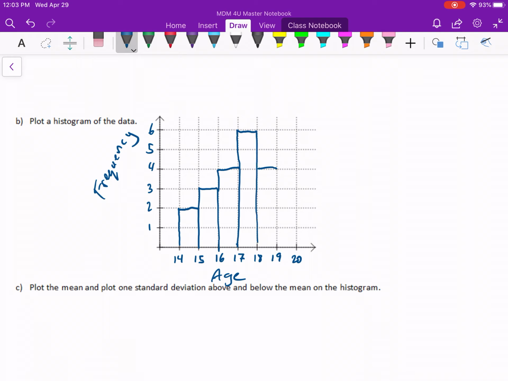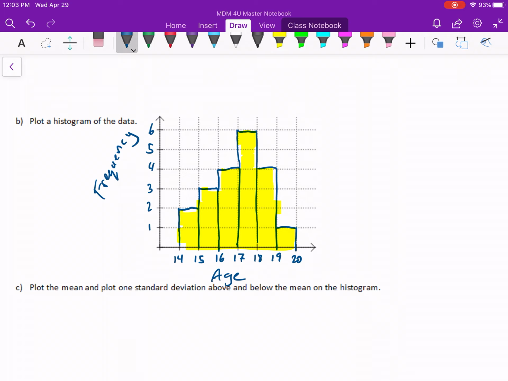And then 4 for this group, and 1 person was 19 years old. There is our histogram. Color it in just because I can. All right, so there's my histogram.